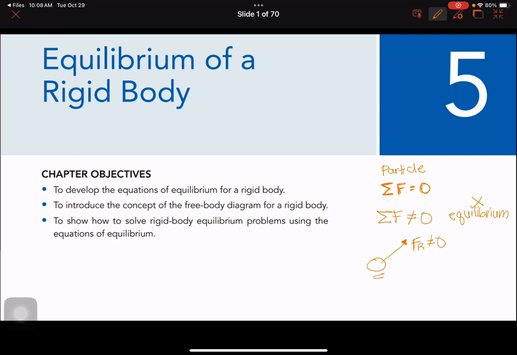So this body will start moving in the direction of the resultant force. And hindi siya mag-move in a way na constant yung velocity, but it's going to accelerate in this direction. Okay? So yun yung ibig sabihin if our resultant force is not equal to 0. So hindi siya in equilibrium.